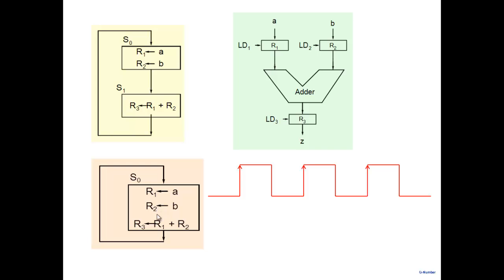So how much is the latency here? How many clock cycles? 2. But what is the throughput here and throughput here? I can read a new data every clock cycle. So throughput has been doubled. While here I was reading the data and then waiting for this to be over and then reading again. Okay. So latency is 2, throughput is 1.